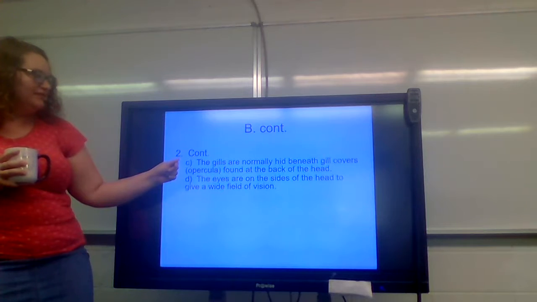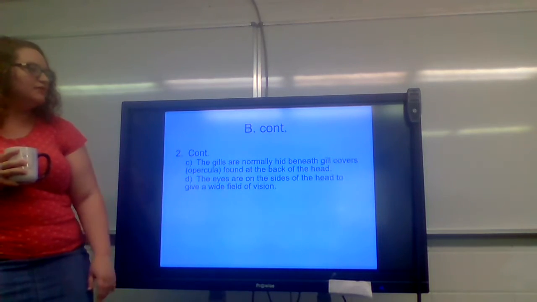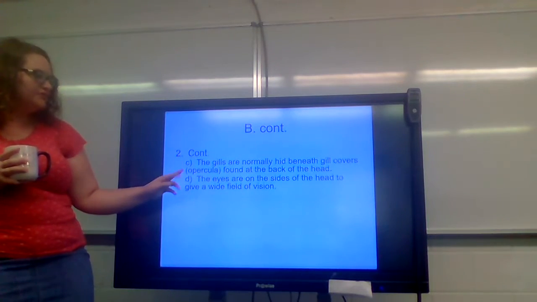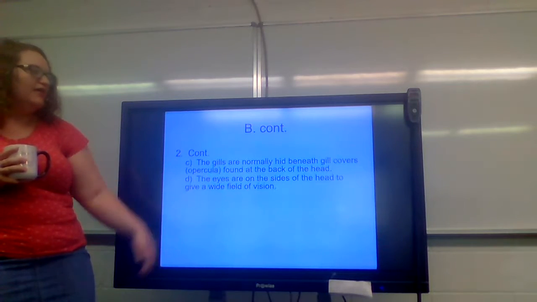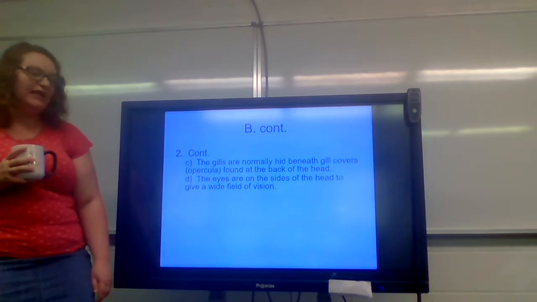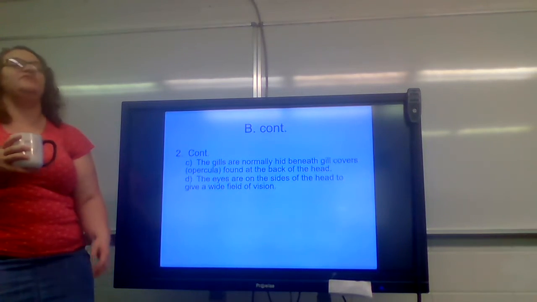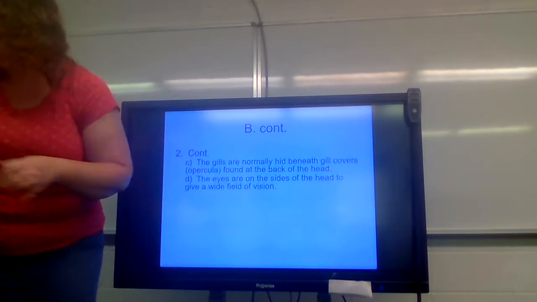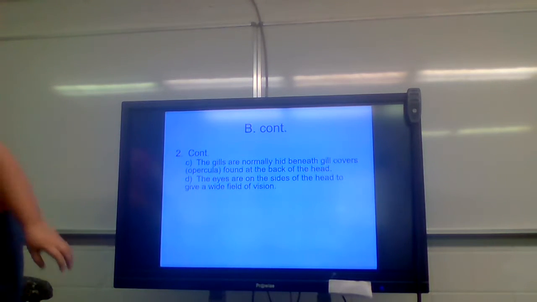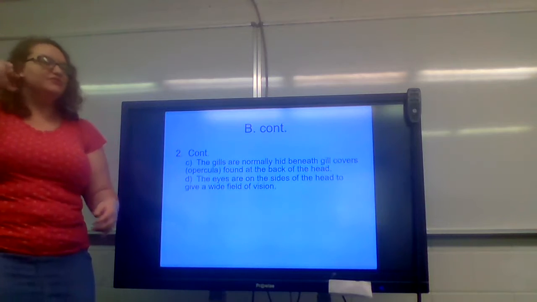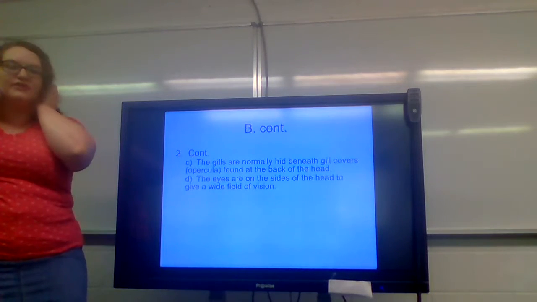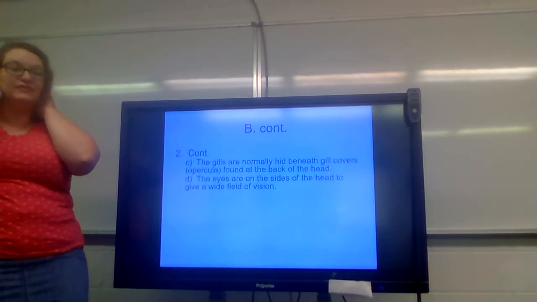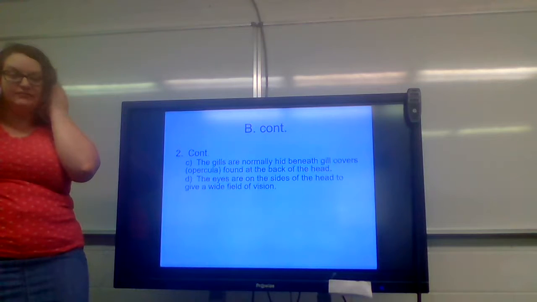Continuing on here with the head, the gills are normally hidden beneath gill covers known as the opercula, found at the back of the head. Have you guys ever noticed a fish when they are, let me put this down so I can demonstrate it a little bit better. A fish, when they're just chilling out there, they're moving, it's almost like flaps at the sides of their head, all right?